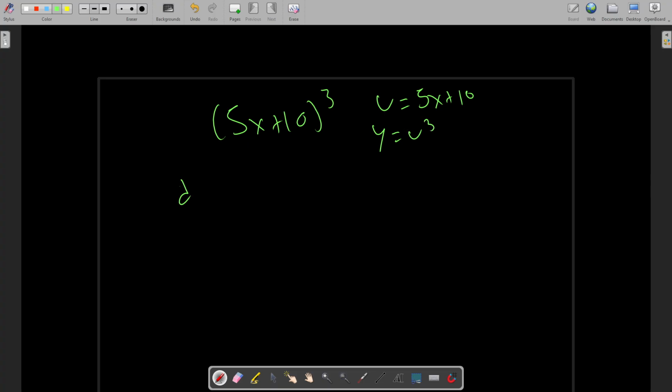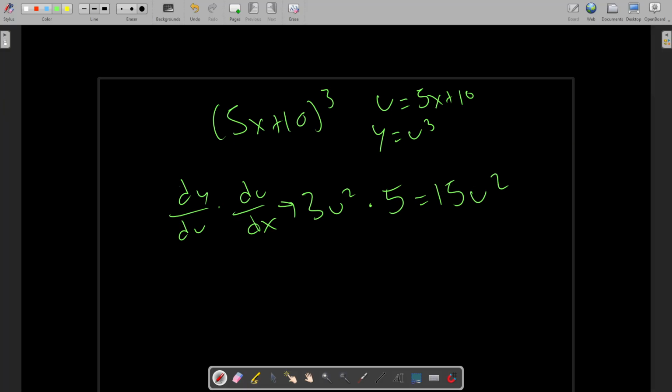So keep in mind dy over du times du over dx. Well, dy over du is going to be 3u squared, and then du over dx is just going to be 5. So we get 15u squared, which is going to be 15 times 5x plus 10 squared. So pretty simple once you know that.